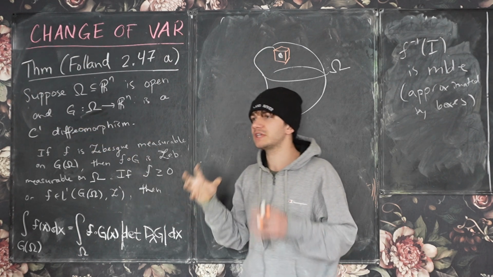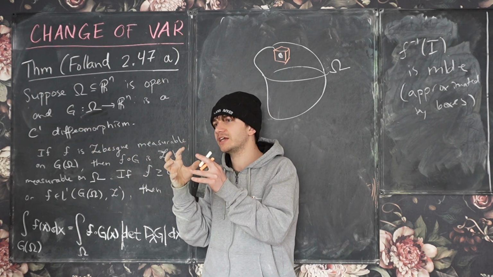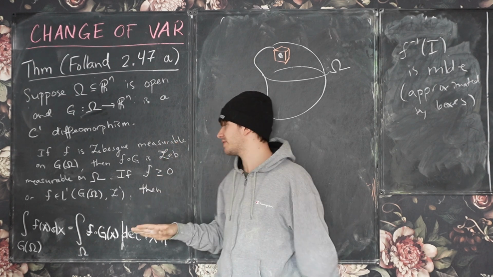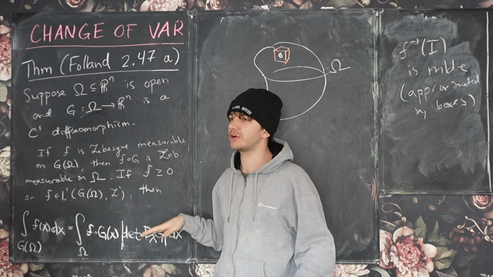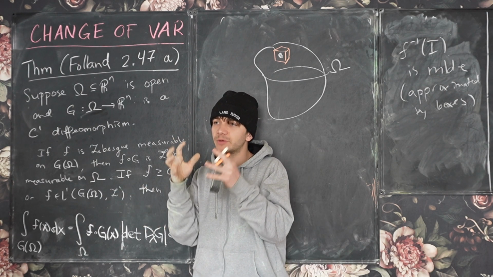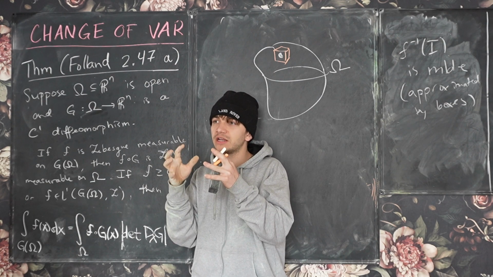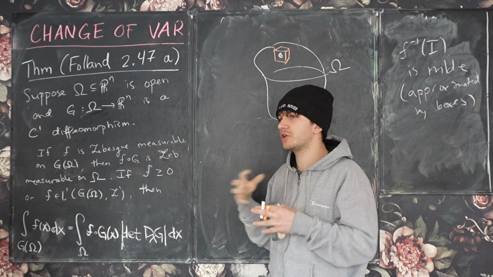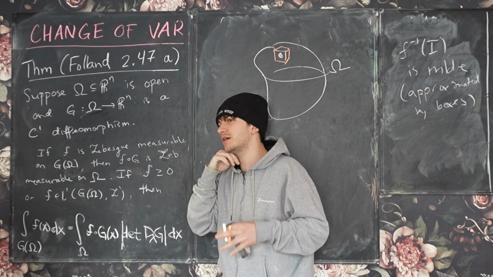What we're going to argue is that each cube is locally going to get transformed, as long as it's small enough, approximately by the linear map, which is the differential. And so if it's perfectly a linear map, it'll send a cube to a parallelepiped, and we're going to show that approximately it does this, okay?